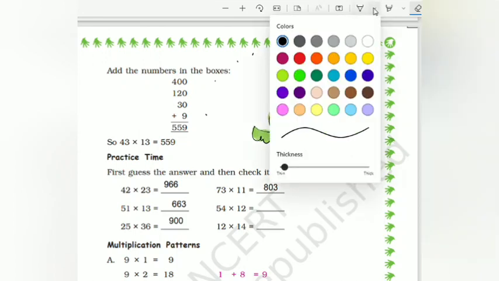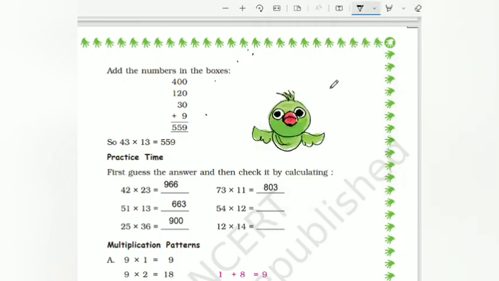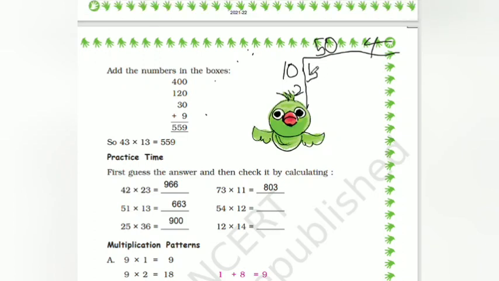Again, 54 into 12. How to do that? First draw a column. On the top side we are writing 54 as 50 and 4. On the side, 12 is written as 10 and 2. In order to make the multiplication easier, we are writing in the simplest form. So 50 into 10 we get as 500. 50 into 2, how much is that?